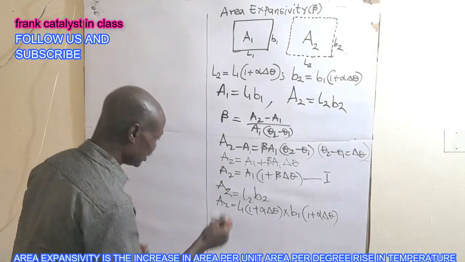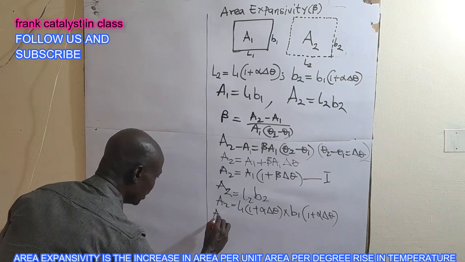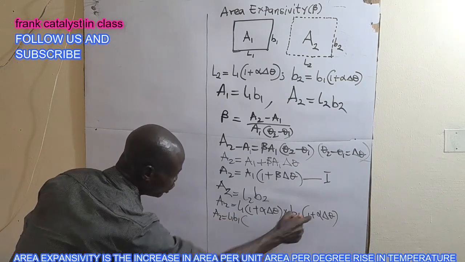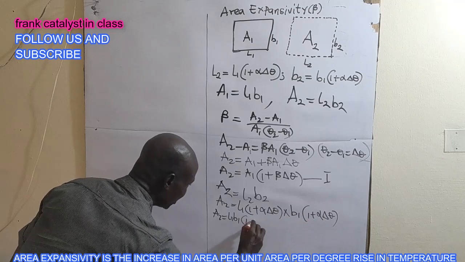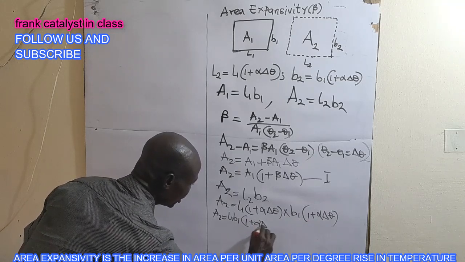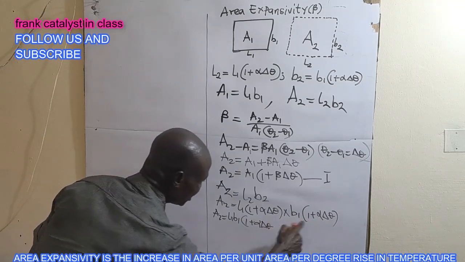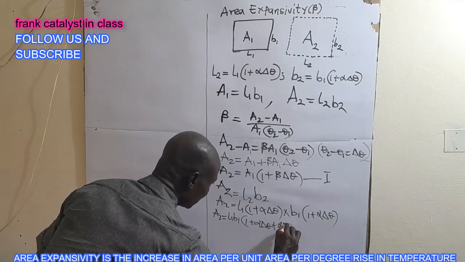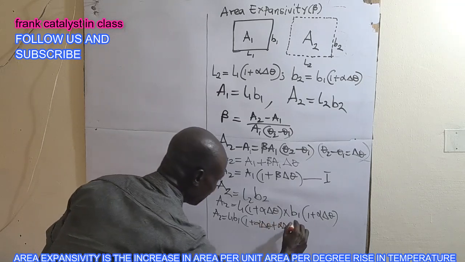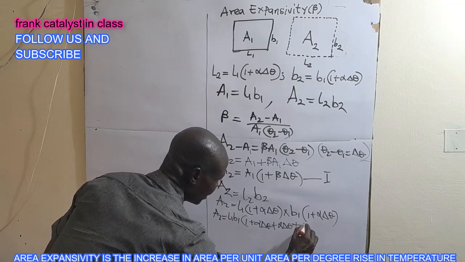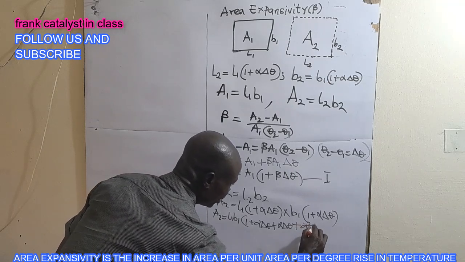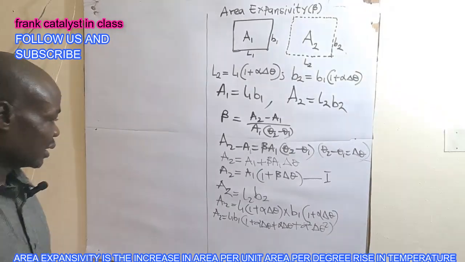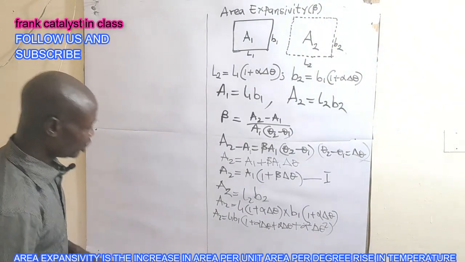Expanding this, we have that area 2 is equal to L1 B1 bracket 1 times 1 is 1, 1 times alpha change in theta is alpha change in theta, then alpha change in theta multiplied by 1 is alpha change in theta, then alpha change in theta multiplied by alpha change in theta is alpha squared change in theta squared. So we continue from there.